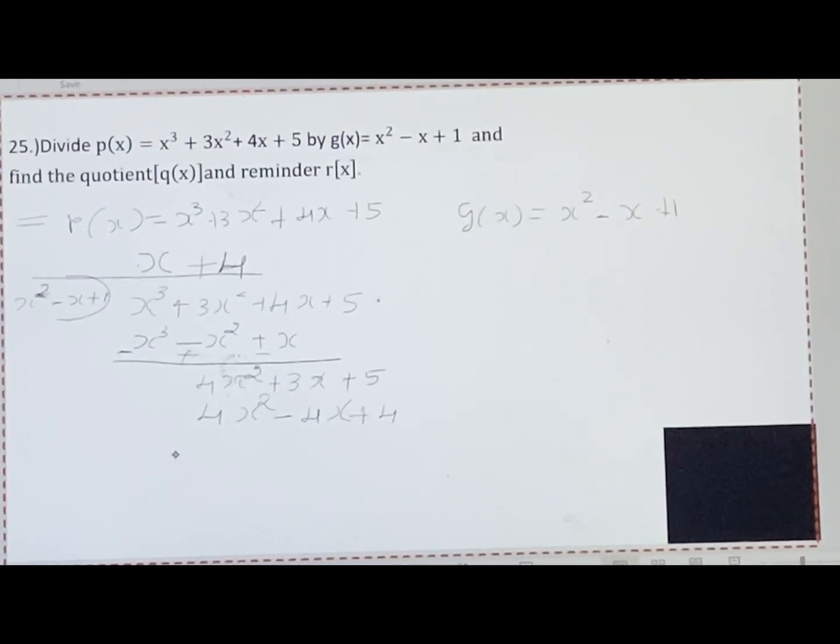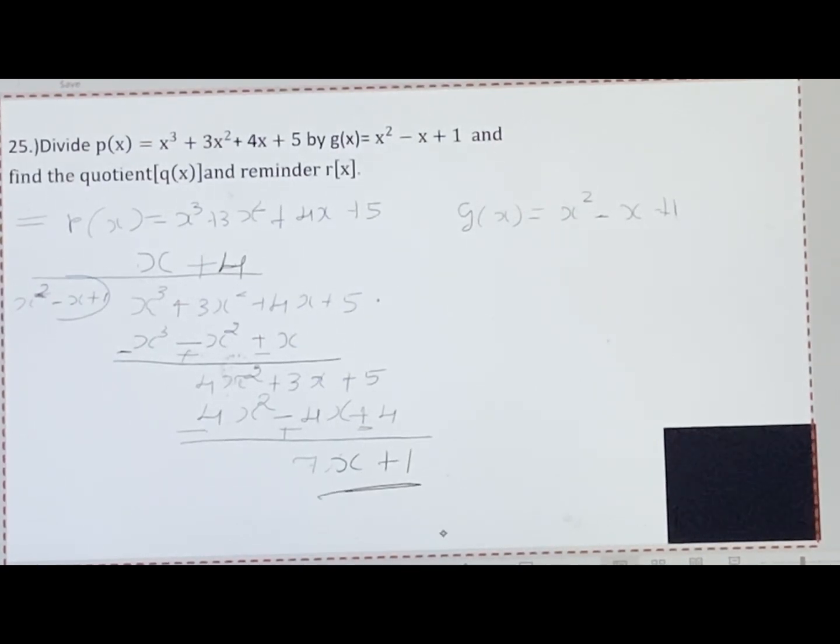Now again we need to subtract this, but make sure to change the sign. Make all the minus into plus and plus into minus. So plus 4x square and minus 4x square will get cancelled. So plus 3x and plus 4x is nothing but 7x. So plus 5 minus 4 is nothing but 1, that is plus 1.